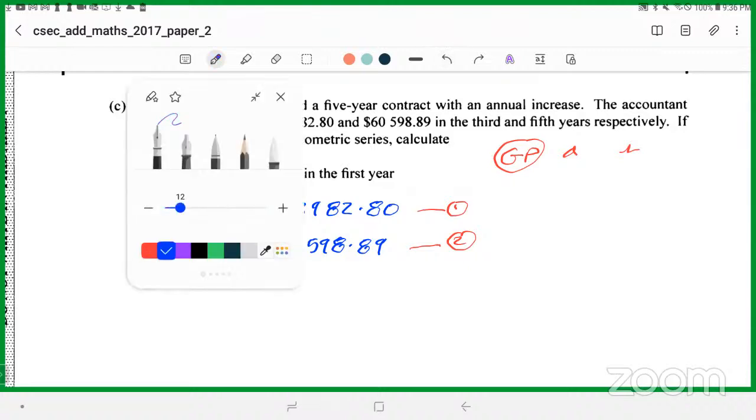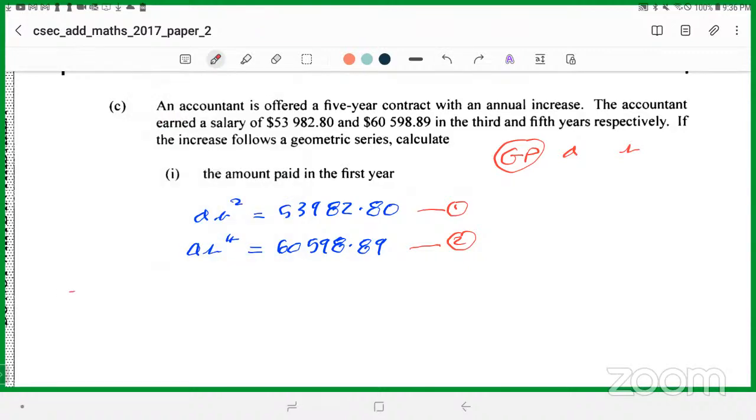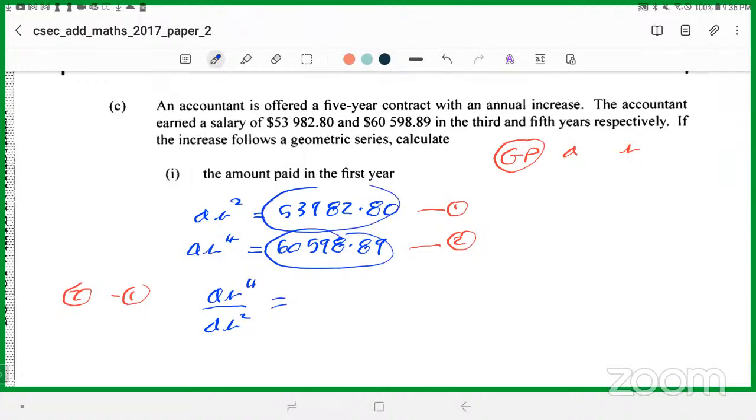When I divide 2 by 1, I'm going to get AR to the 4th power over AR squared, or simply R squared. It becomes equal to this thing over this thing.